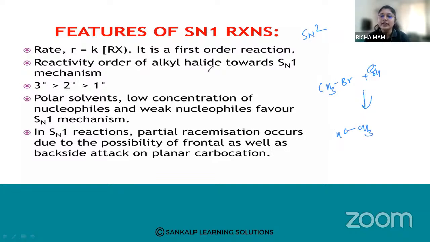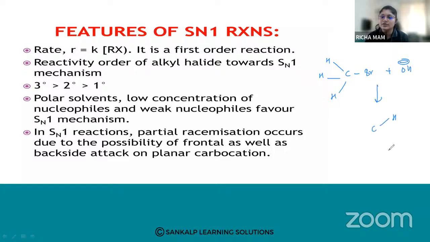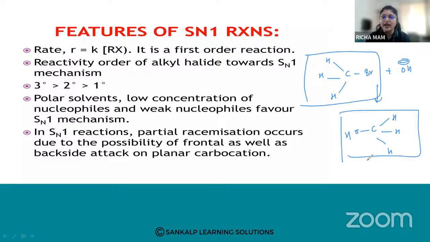You can see the relative arrangement of the bonds in the starting reactant and in the product is different, right? Here the Br is in front, and here the OH is at the backside. So this is called inversion of configuration.